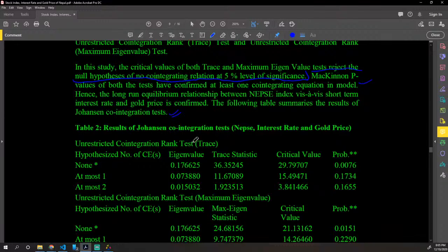Co-integration test: the eigenvalue is this, at none, at most 1, at most 2. The trace statistic is 36, 11. The critical values are 29, 15, 3.